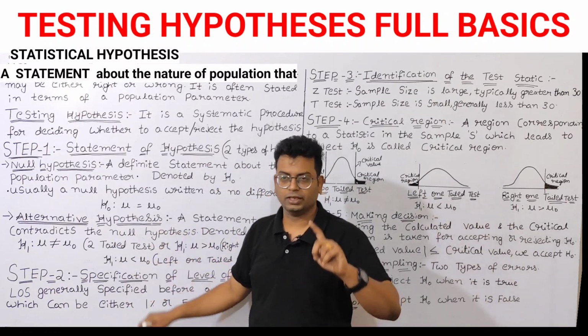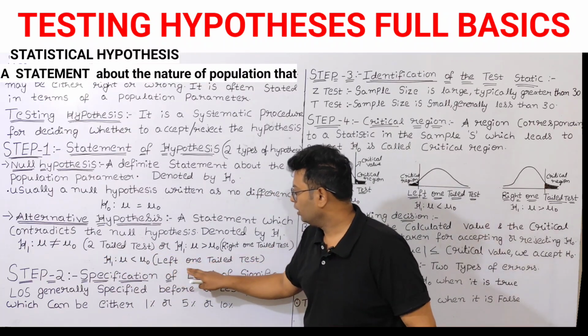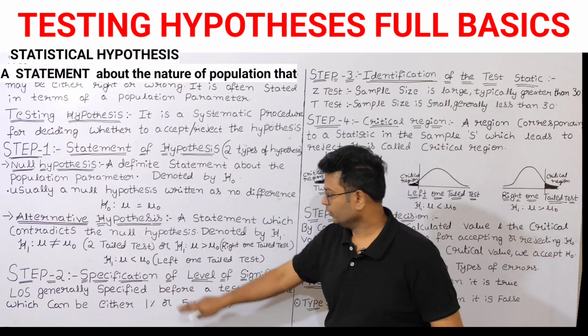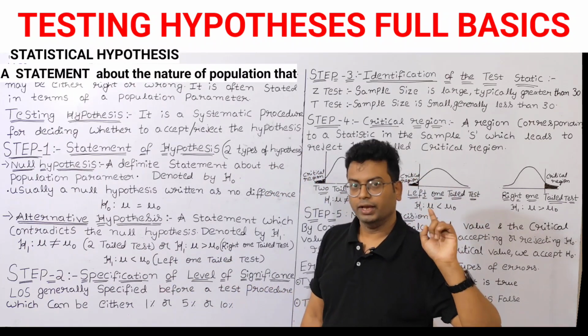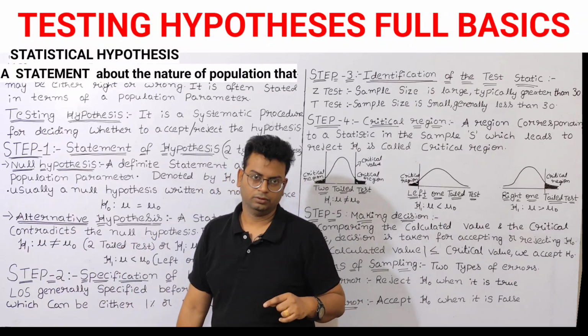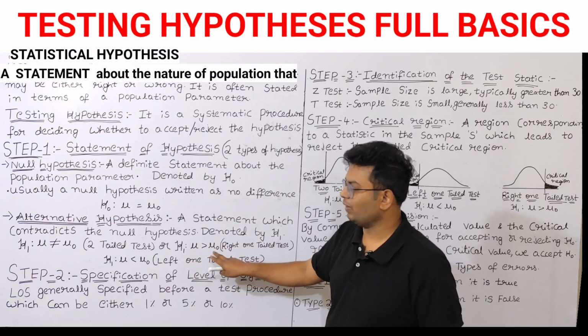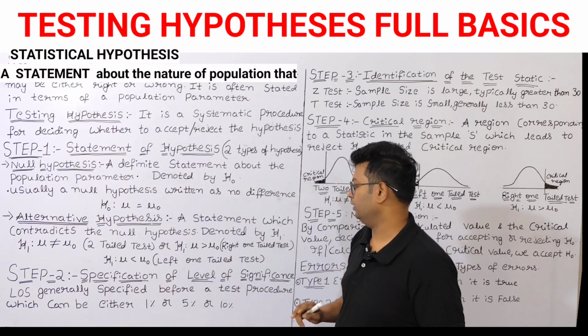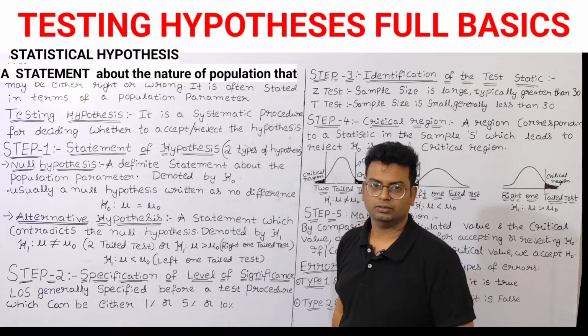In the alternative hypothesis, there is the two-tail test, the right one-tail test, or the left one-tail test. Among them, we take any one depending upon the question. If the question says not equal to, then two-tail. If the question says mu value is greater than some value, then it is right tail. If it is less than some value, then left one tail.